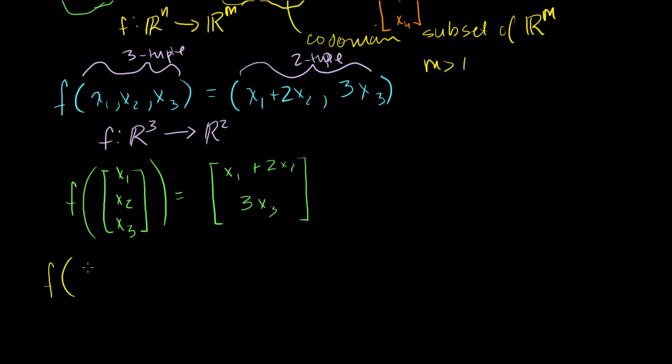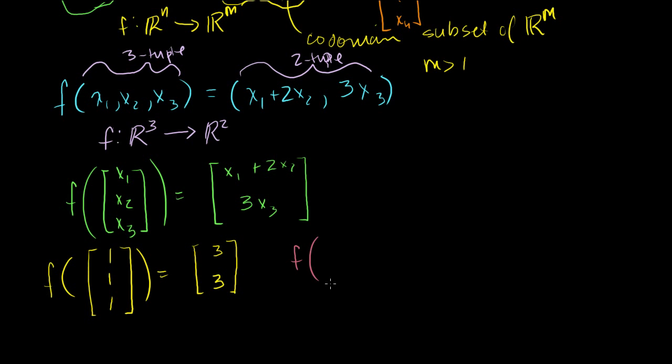So what is f of, let me do a simple one, the vector 1, 1, 1? Well, I get 1 plus 2 times 1, which is 3. And then my second term is just 3 times this one. So I get the vector 3, 3. Fair enough. Let me do another one, just to really experiment with this mapping.